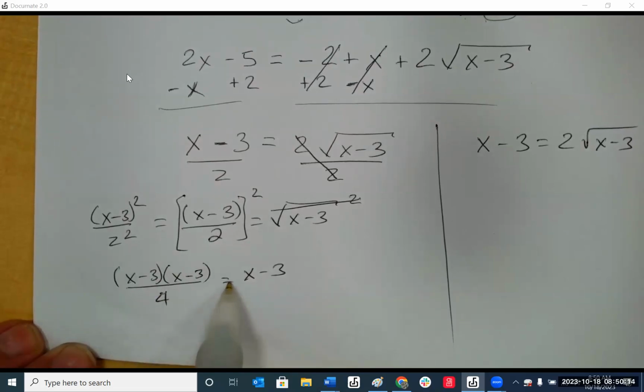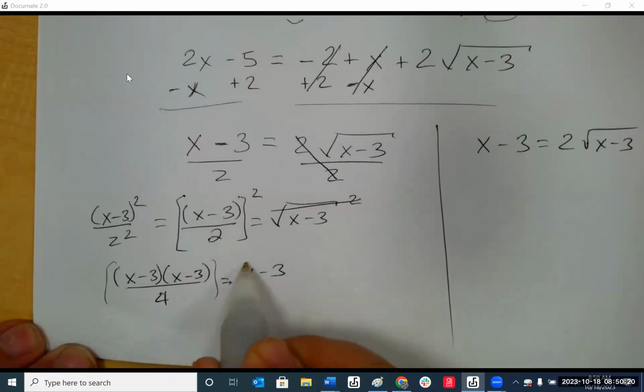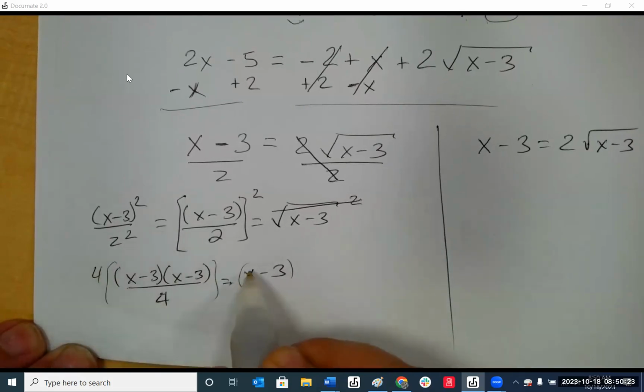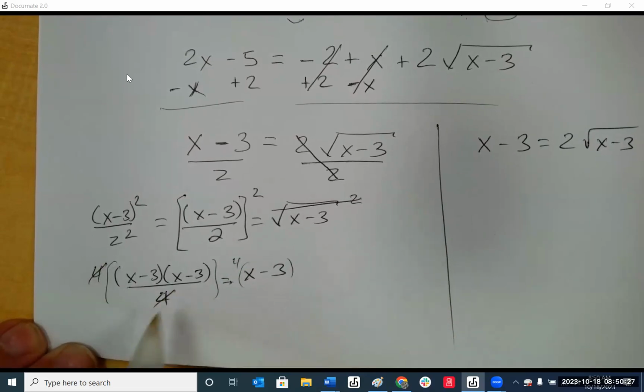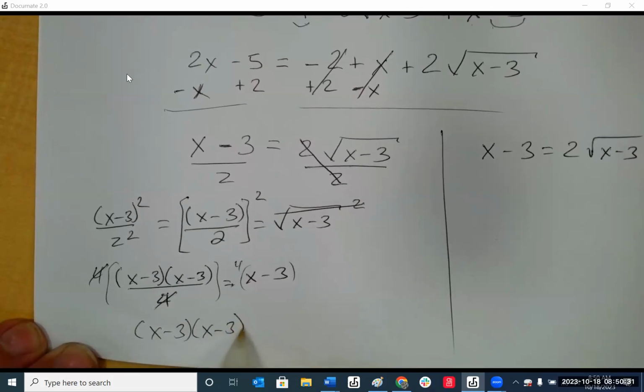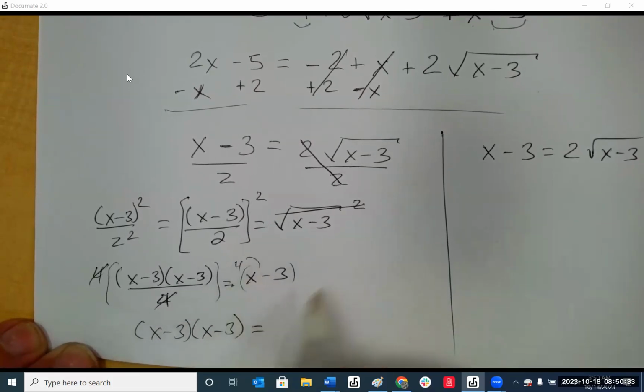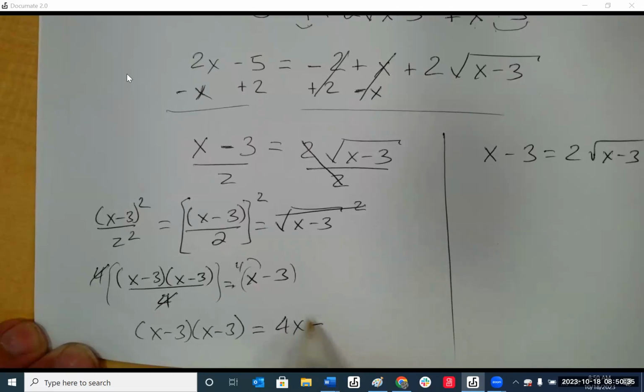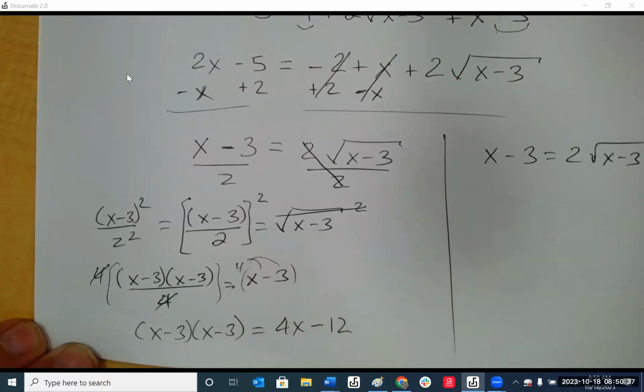We have a fraction and an equal sign. So multiply both sides by 4. Those cancel, so we just have x minus 3 times x minus 3 equals 4x minus 12.